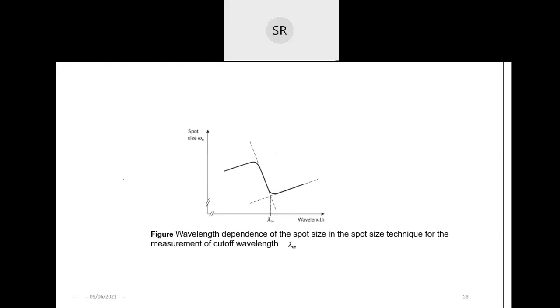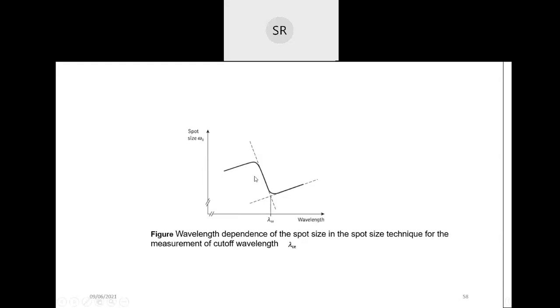Another measurement is done using the spot size. In this technique the fiber is operating in a single mode to get the spot size, and the spot size increases linearly with increasing wavelength.